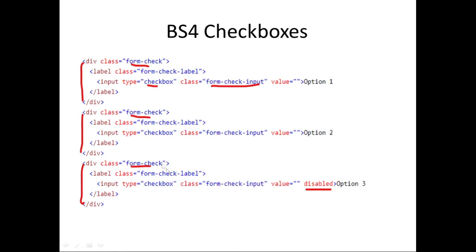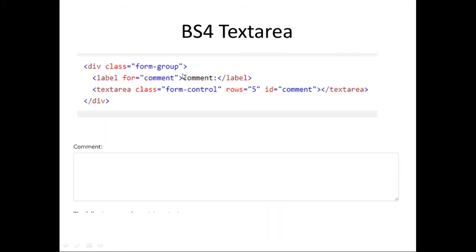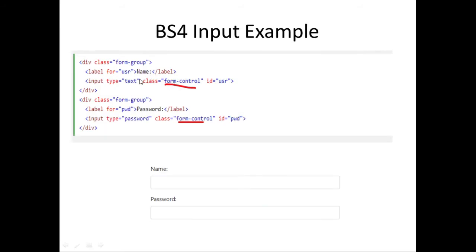So what will be our code? We use input checkbox. And instead of form group, we use form check. And for the label, we use form check label. So in an ordinary form, we just use what? None, we just use for.